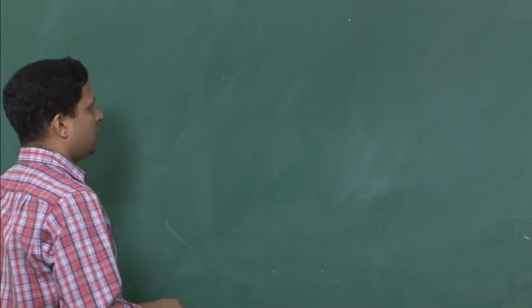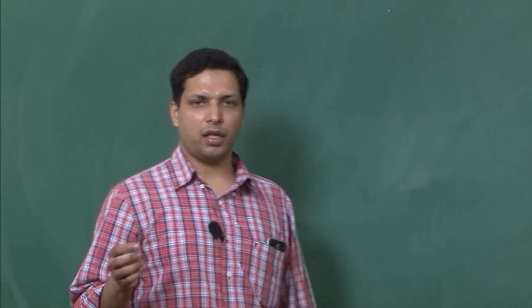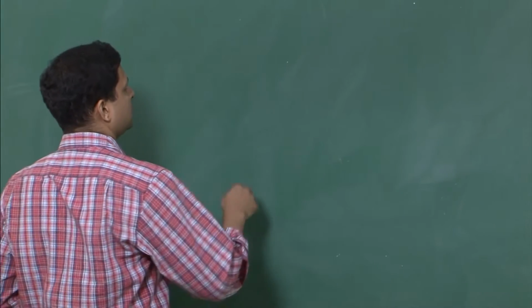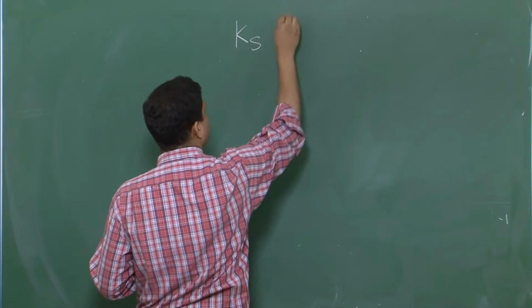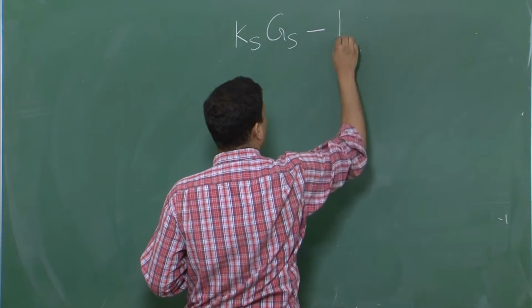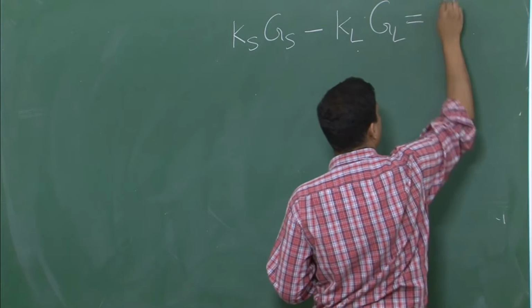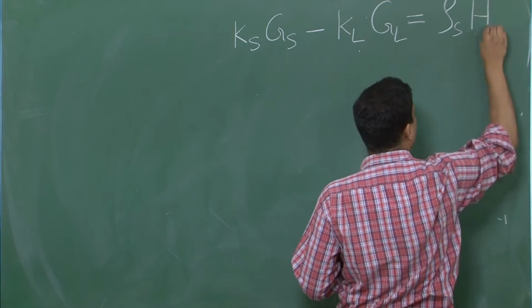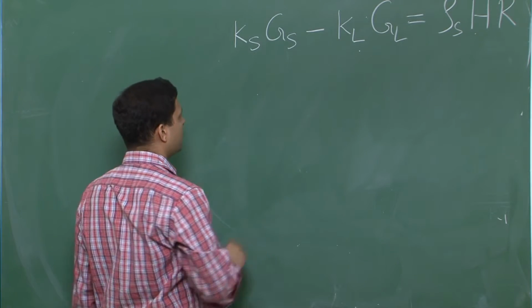Now, if those are, let us say, Gs and Gl, meaning thermal gradient in solid and thermal gradient in liquid, then the heat flow condition requires the following. First let me explain what these terms are.